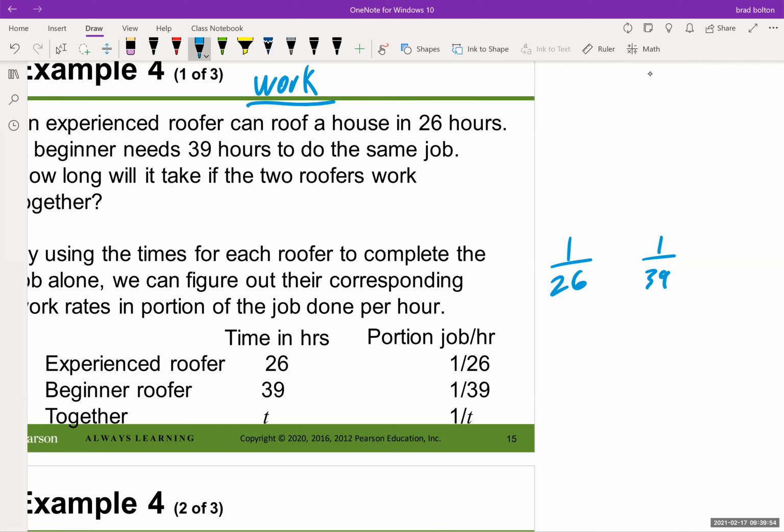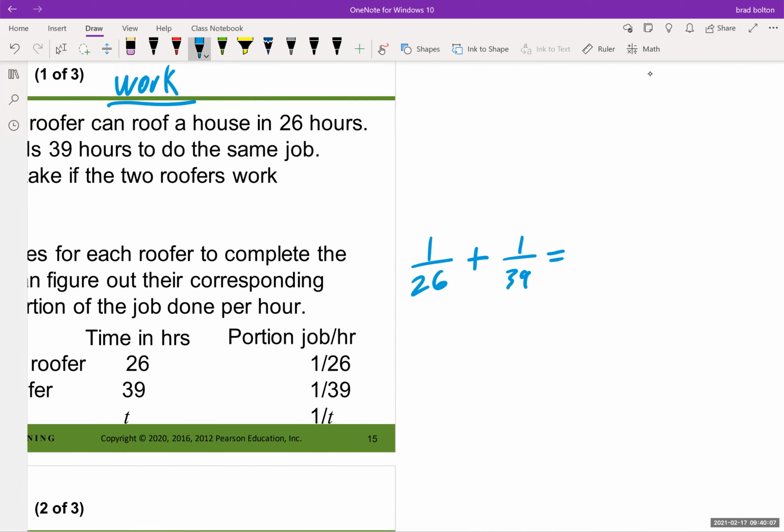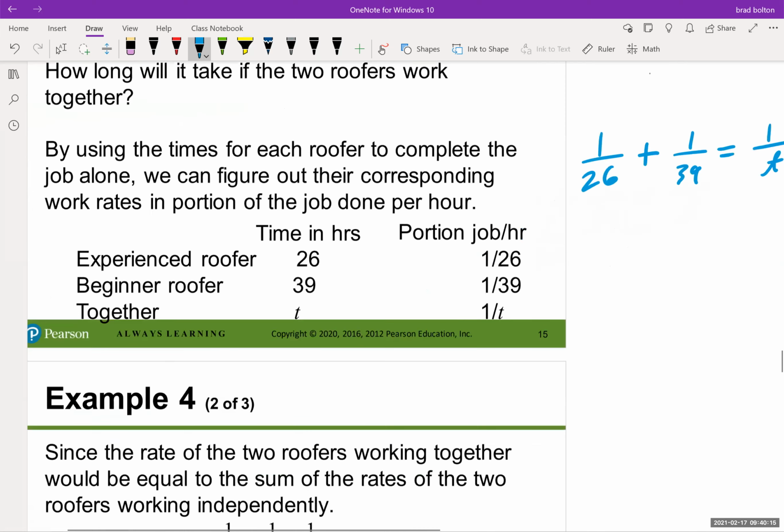Now the thing is these people are not working against each other. In that case, we would subtract their rates, but they're working together, so we're going to add their effort. If they're working together, how much of the job is done in 1 hour? 1/T.